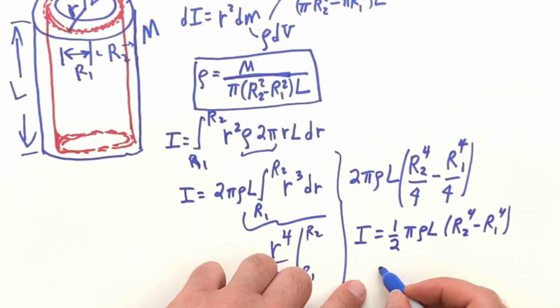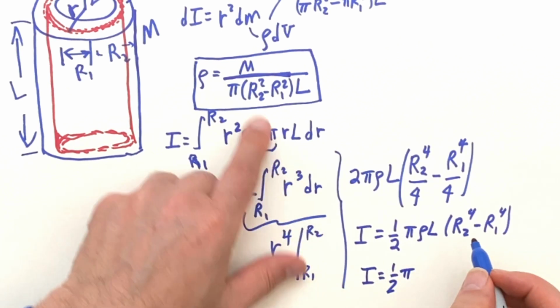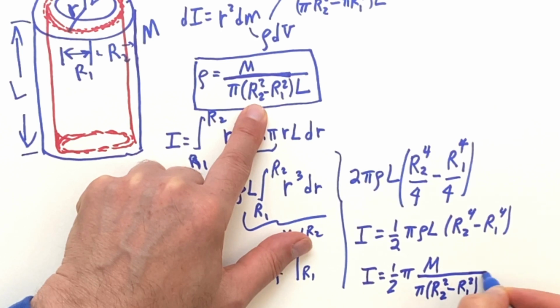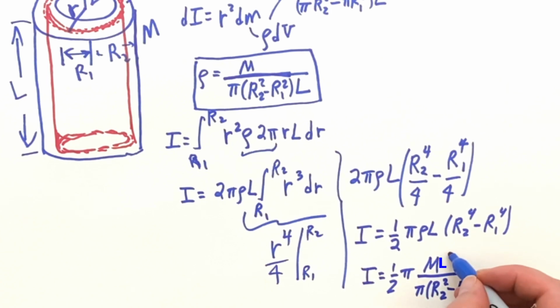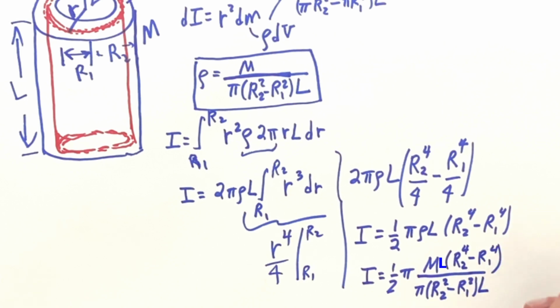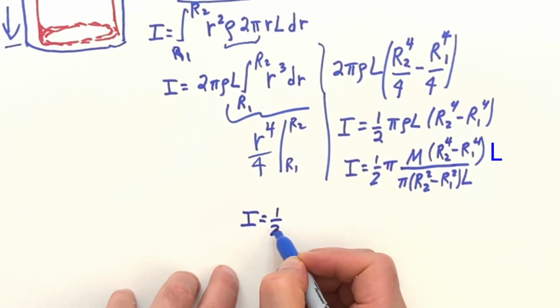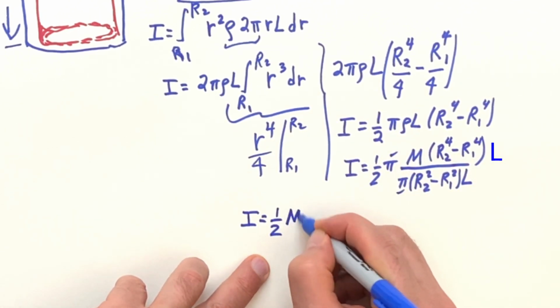Now for the rho, we can put in M over pi times R2 squared minus R1 squared times L. And then we have R2 to the 4th minus R1 to the 4th. But now watch this trick. The pi's cancel, we have 1/2 M.